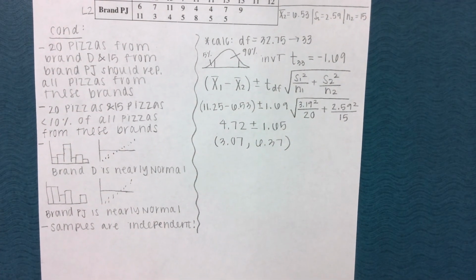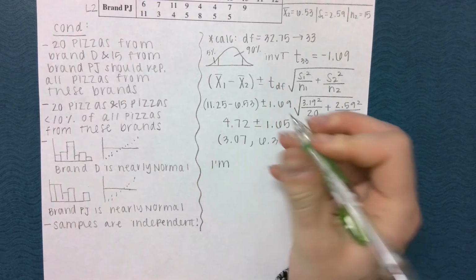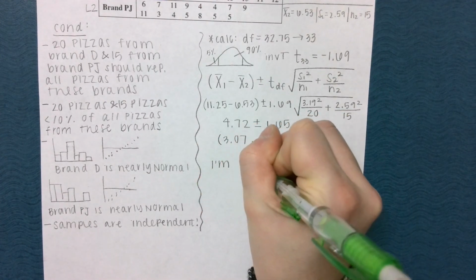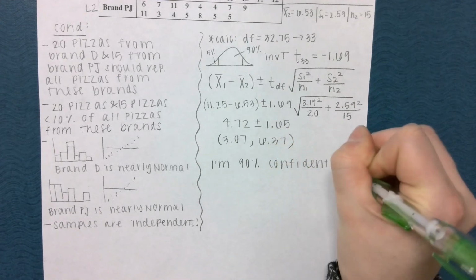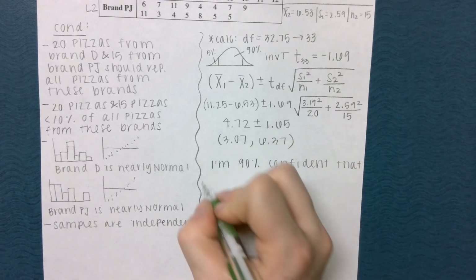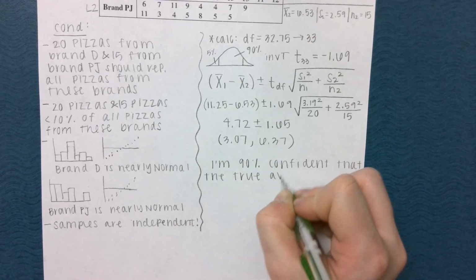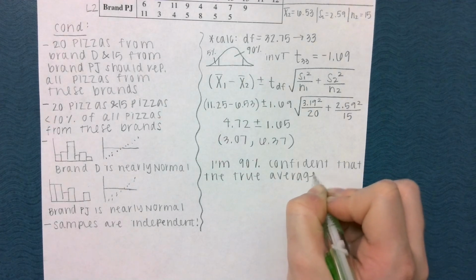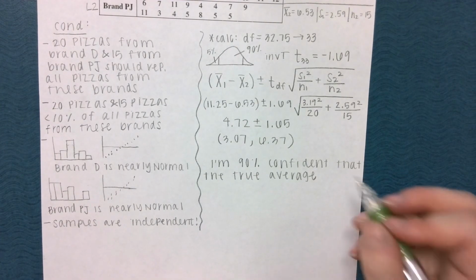Last step is writing this interpretation. So we're starting with our confidence. I'm 90% confident that the true average, what were we looking at here? We were looking at fat content.